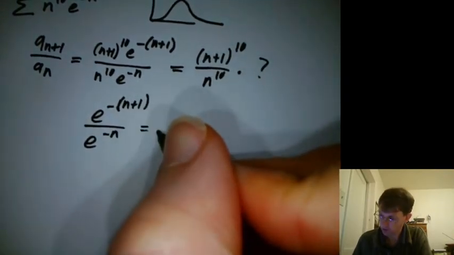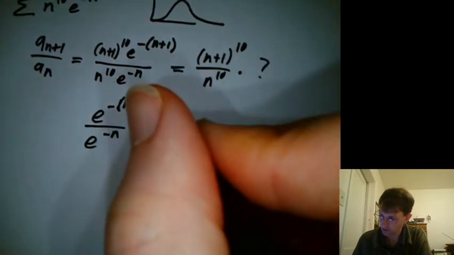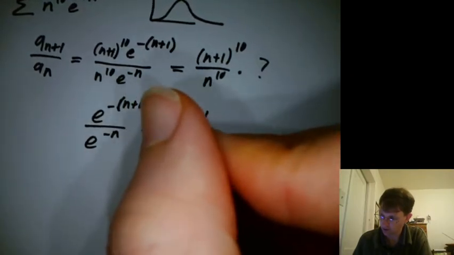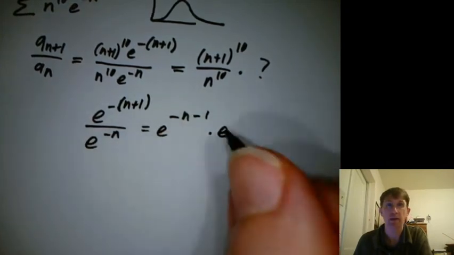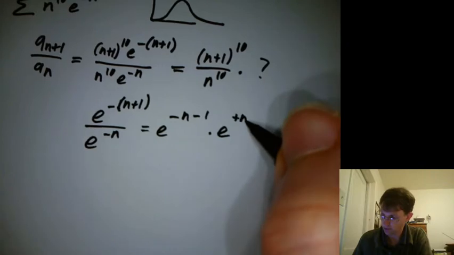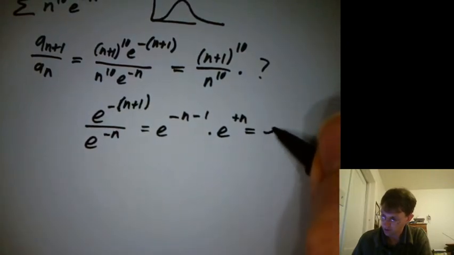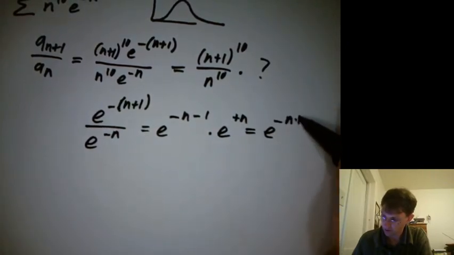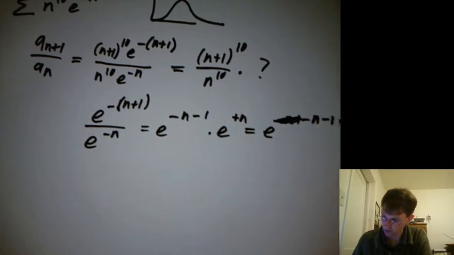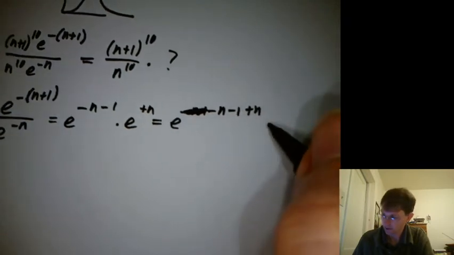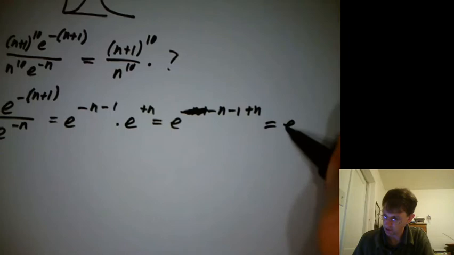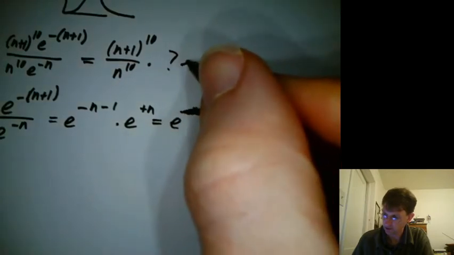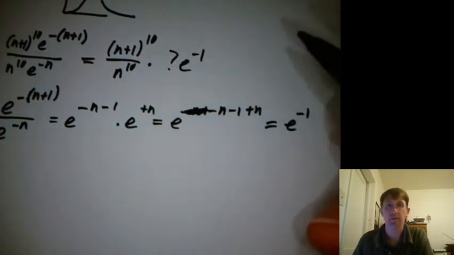We can say that's e to the minus n minus 1 times e to the n, distributing the minus, and then we'll bring up this e to the minus n as a positive n exponent. So then we'll add the exponents. We'll get minus n minus 1 plus n, and the minus n and the plus n cancel, and we just get e to the minus 1. So we'll say e to the minus 1 there.